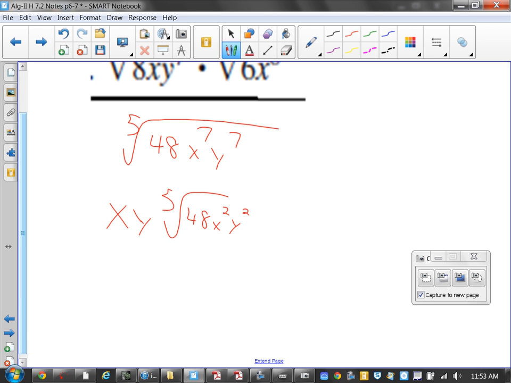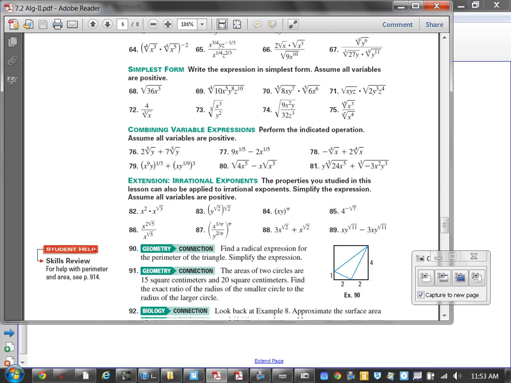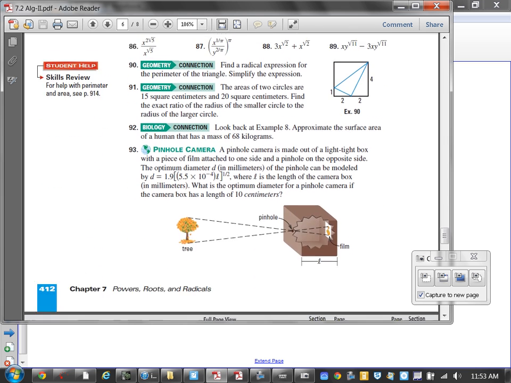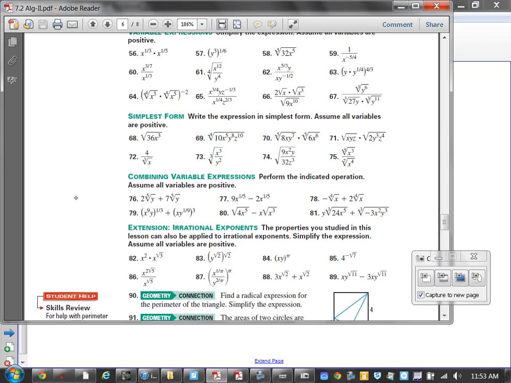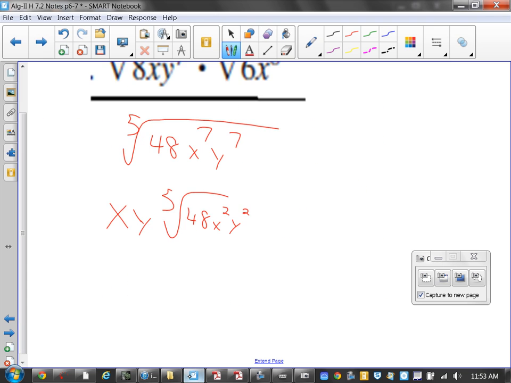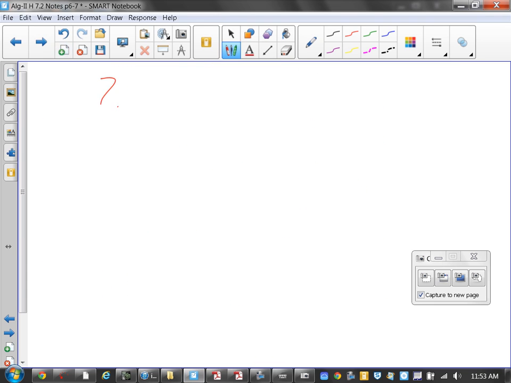You're going to find out that working with variables is a lot easier than numbers. We'll get to the packet, I'm not worried about that right now. But I do want you to do page 412, still 7-2.